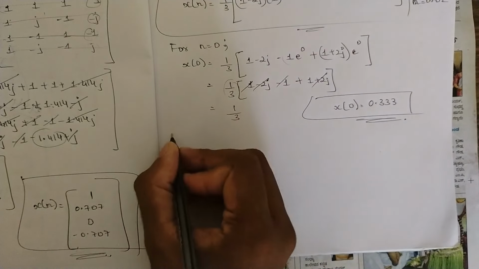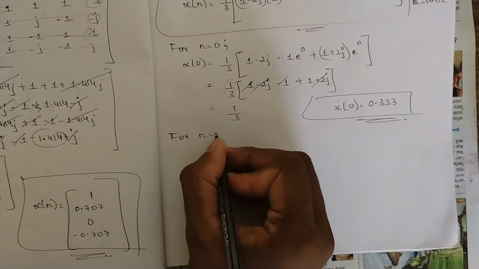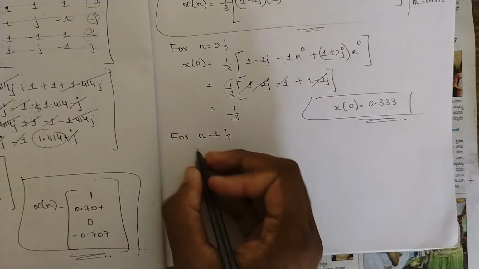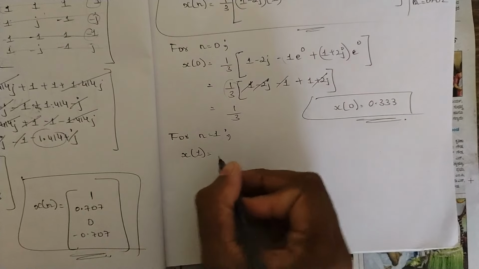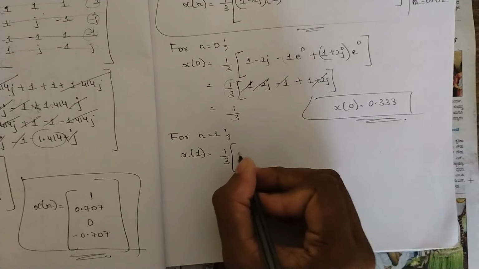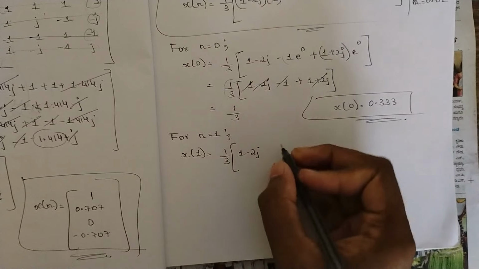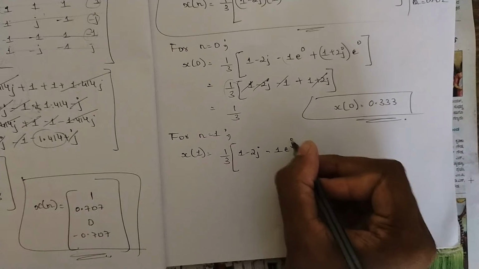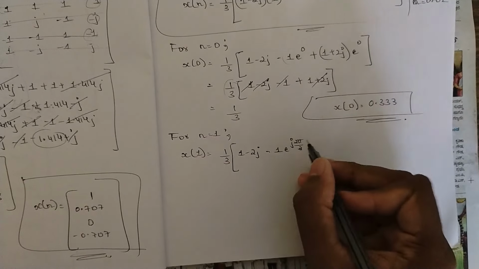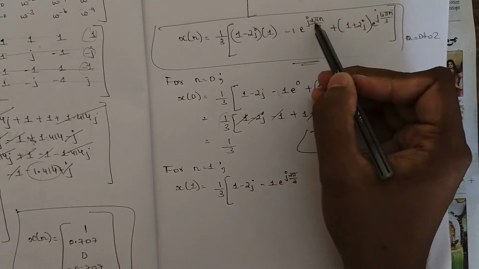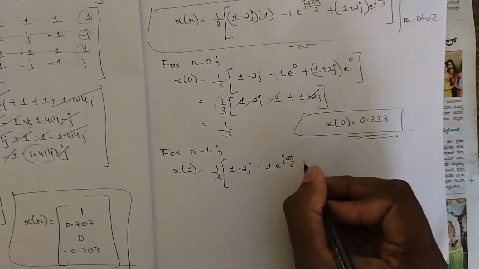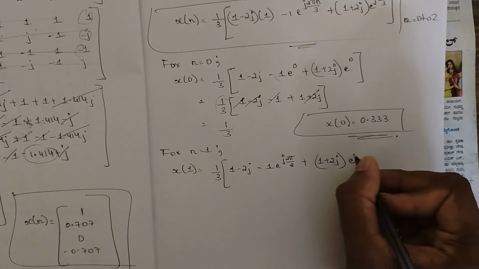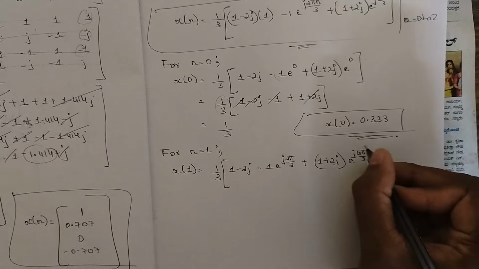So this is our first value of x of 0. Similarly, let's find for n equal to 1. x of 1 is 1 by 3 into 1 minus 2j, minus 1 into e power j 2 pi by 3, since the value of n is 1, it would be 2 pi by 3, plus 1 plus 2j into e power j 4 pi by 3.